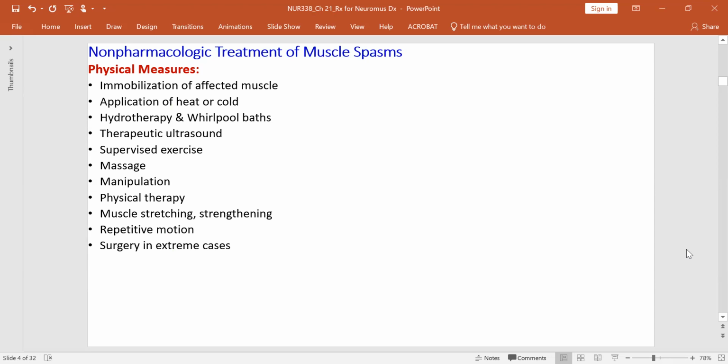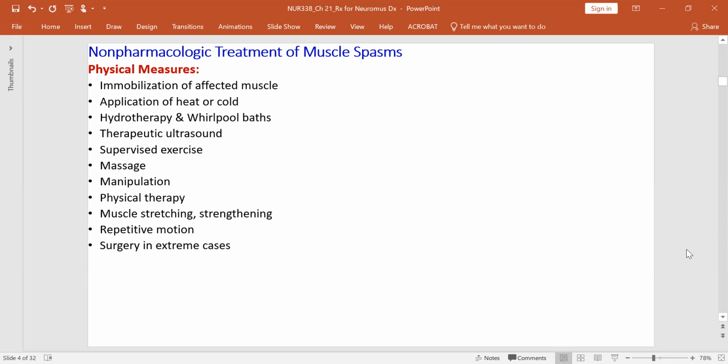And these are some of the physical measures in terms of the non-pharmacologic treatment of muscle spasm, which include, sometimes as the first non-pharmacologic treatment, the application of heat or cold, hydrotherapy or pool baths, massage, or physical therapy.